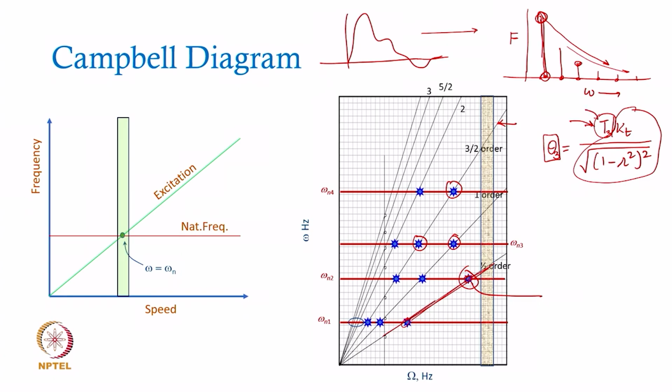Now, the moment you talk about the third component or T3 amplitude, that is already much smaller than the first one. So, the resonance which is expected here is going to be milder in strength as compared to the main one.